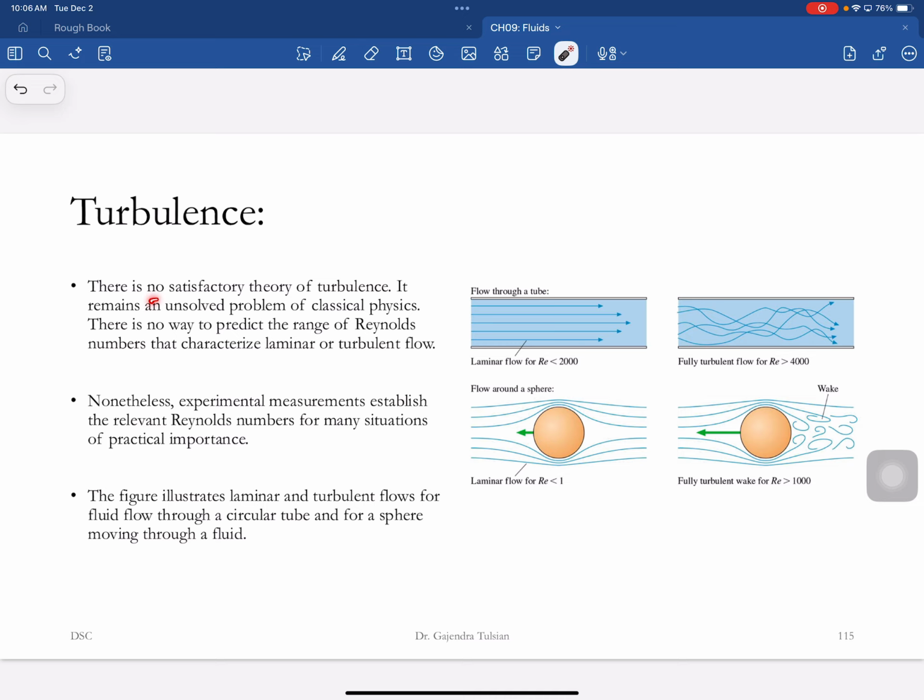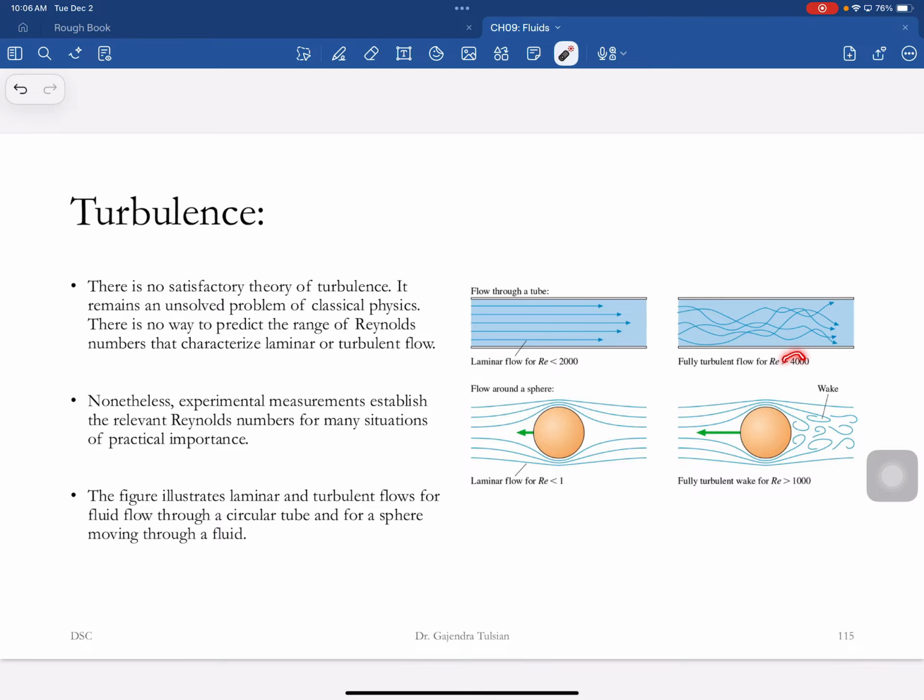There's no satisfactory theory of turbulence. Turbulence is not well understood. There's no way to predict the range of Reynolds numbers, so you get these numbers from experimental measurements. So again, what does this number tell you? If the Reynolds number is below 2,000 for a fluid flowing in a tube, that's laminar flow.